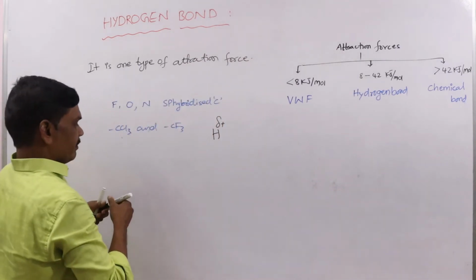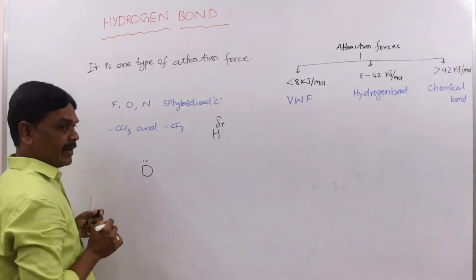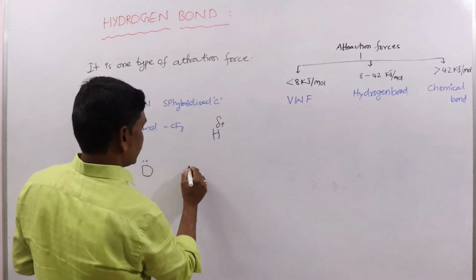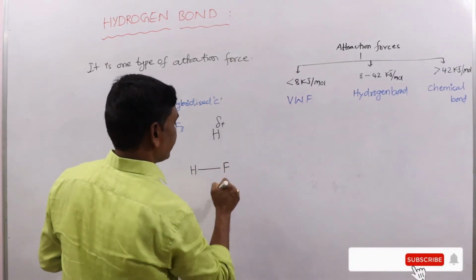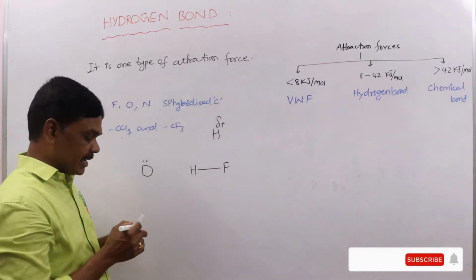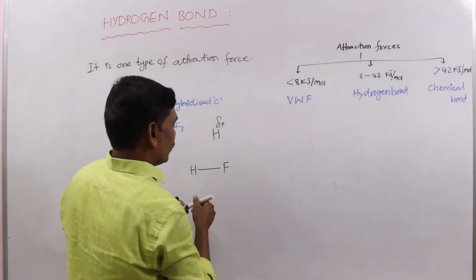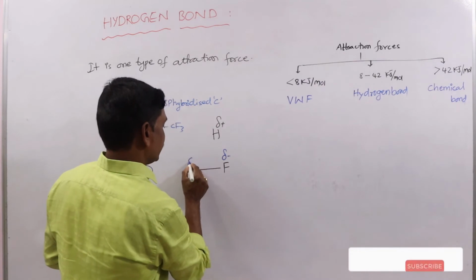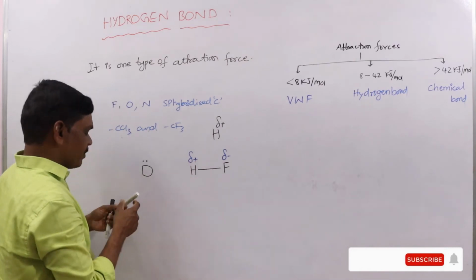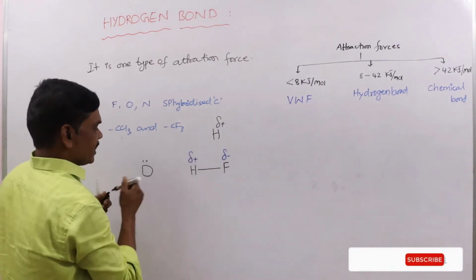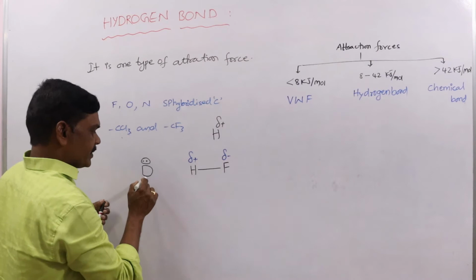Here, for example, I am writing D, which is the donor of the electron pair. Hydrogen is bonded with a highly electronegative atom like fluorine. Here the electronegativity difference is more, so this fluorine gets a partial negative charge and hydrogen gets a partial positive charge. This partial positive charge attracts the pair of electrons on the donor atom, and there the formation of hydrogen bond takes place. This is known as hydrogen bond. Here is the partial positive charge, here the partial negative charge, and this is the pair of electrons on the donor atom.